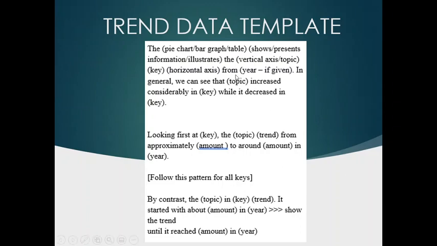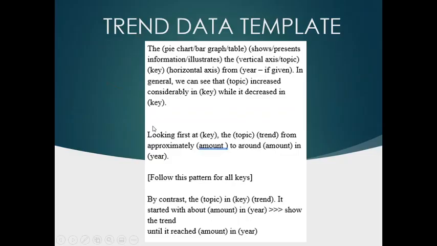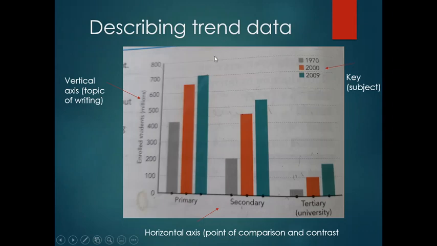The, so what information you have on your vertical axis. You still remember? Okay, for example here, this is the vertical axis, the number of students enrolled. Okay. Key. What is the key? 1970 to 2009.